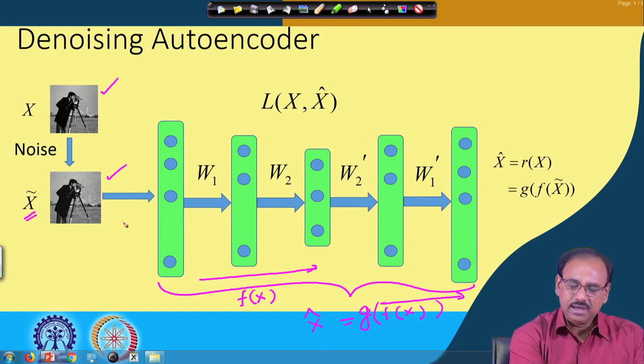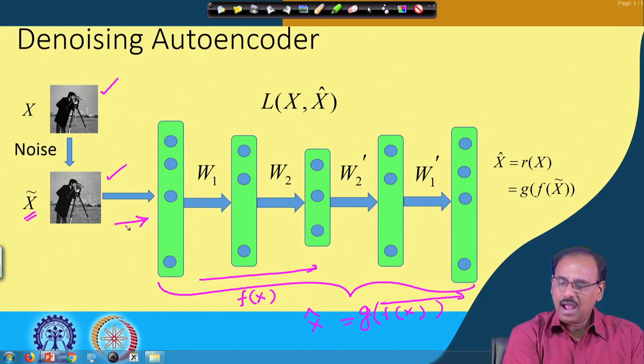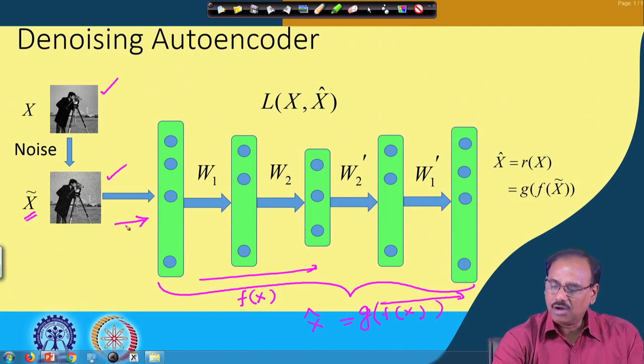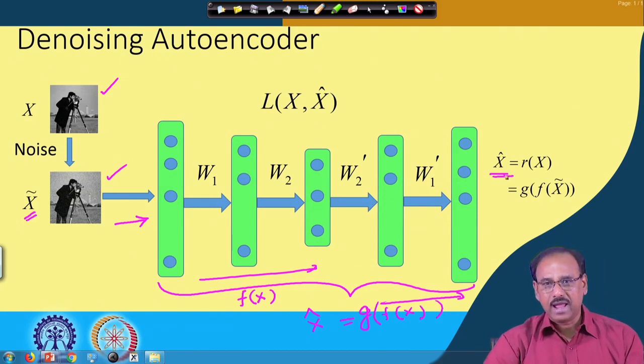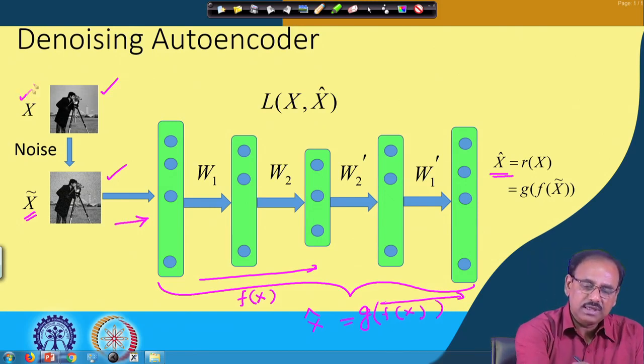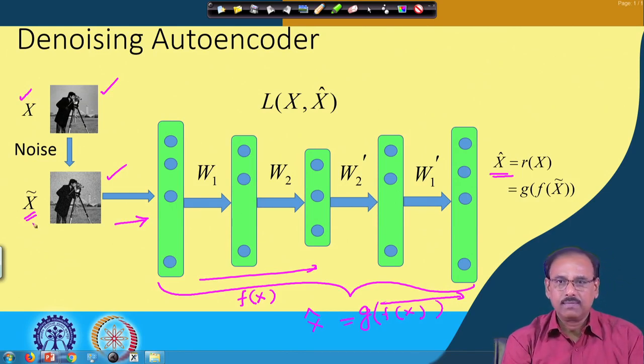And this x tilde is fed to the input of the autoencoder. What I want at the output is this x hat, where I want this x hat to be the original x, not x tilde.